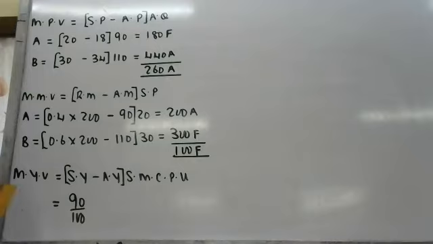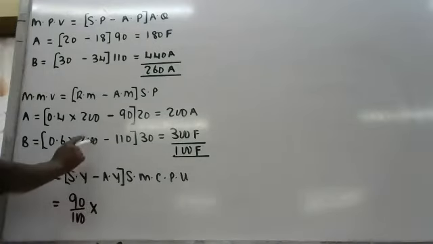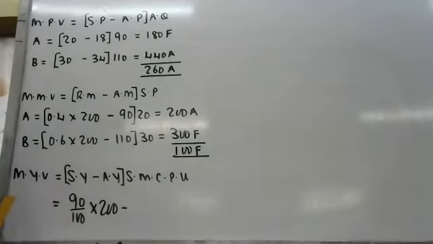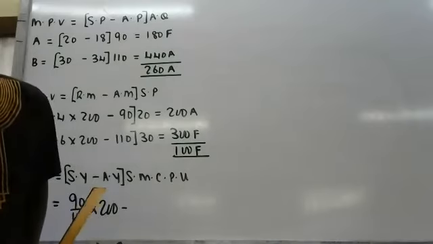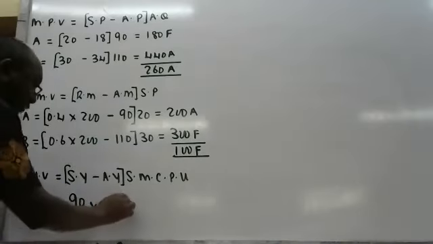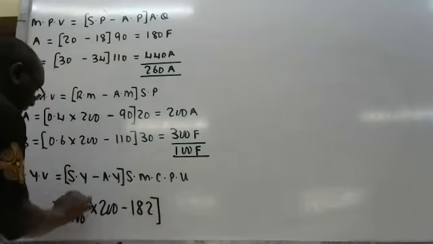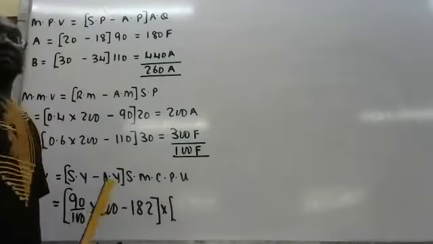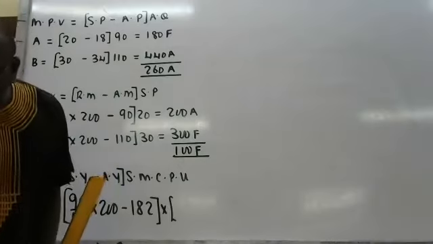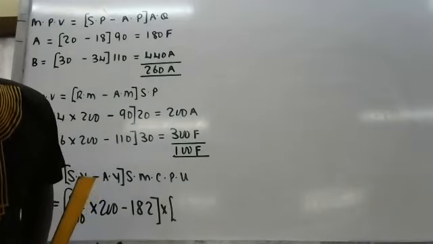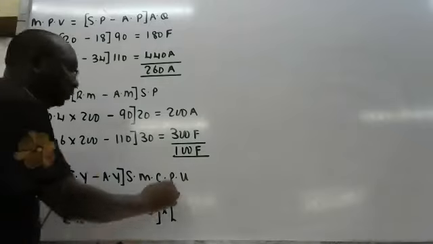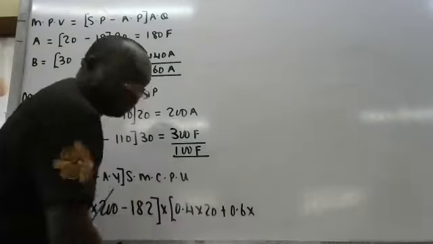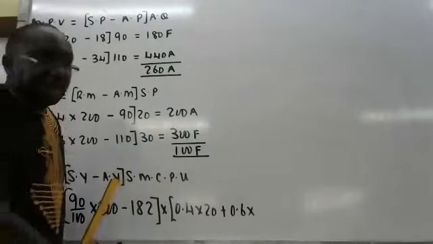So if that was to be maintained, you now multiply by the total number of units that you worked at, 200, minus the actual units that were realized. We are told the weight produced was 182. And the standard material cost, this one we had not computed, but we need to compute now. For you to get 1 unit, it was supposed to be 0.4 times 20 plus 0.6 times 30.